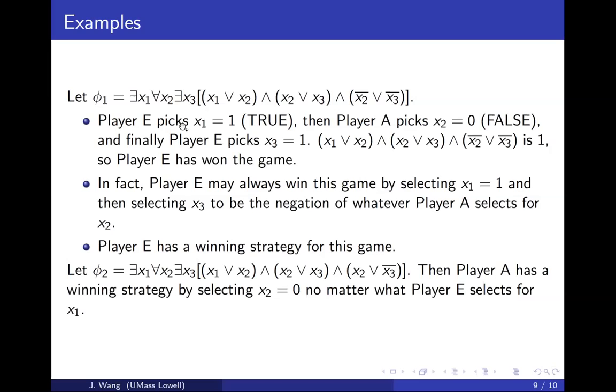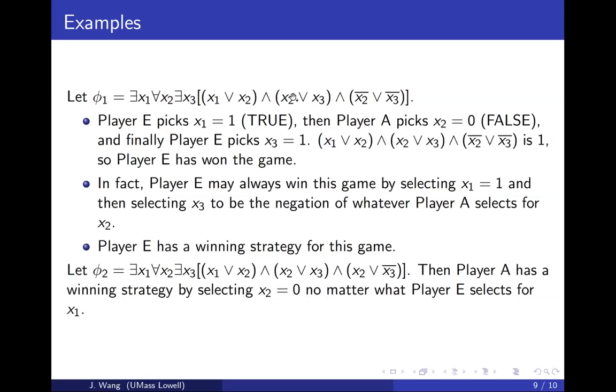Let's say he picks x1 to be 1. Now because x1 is 1, this clause is true, but for these other two, he doesn't know. Because player A wants to make it false, player A will pick x2 to be false, hoping to make this false.